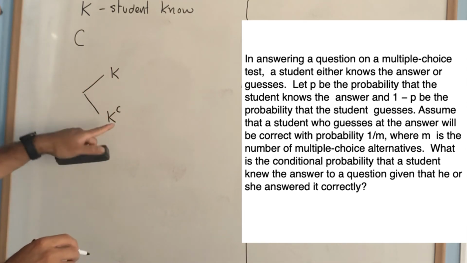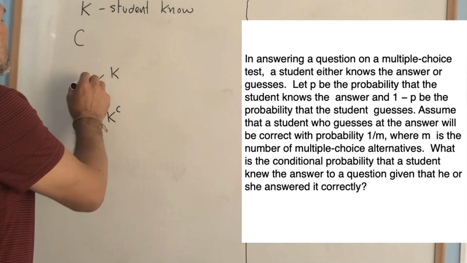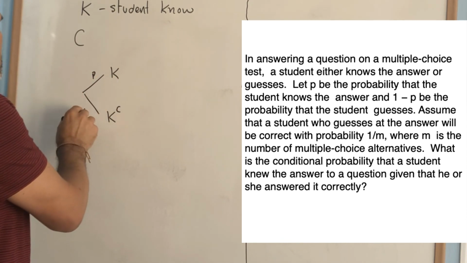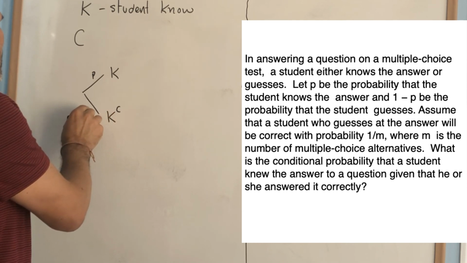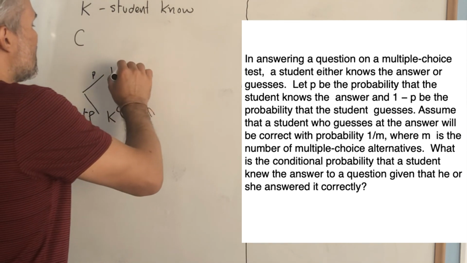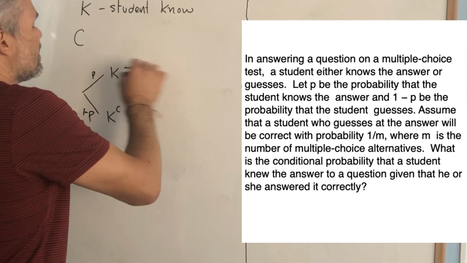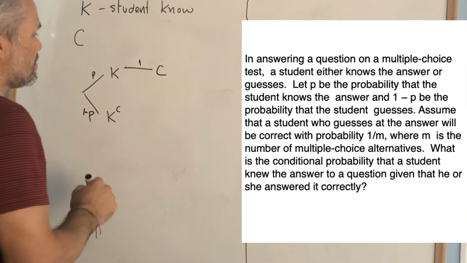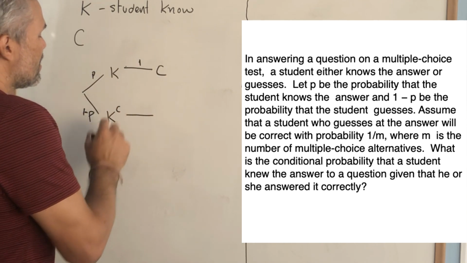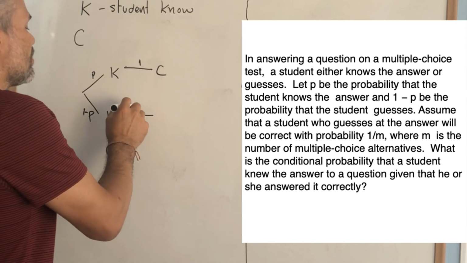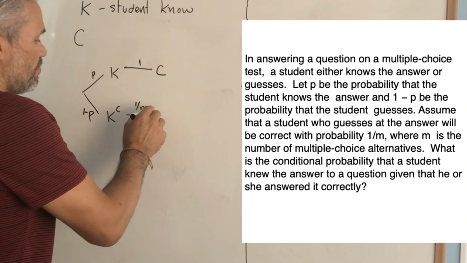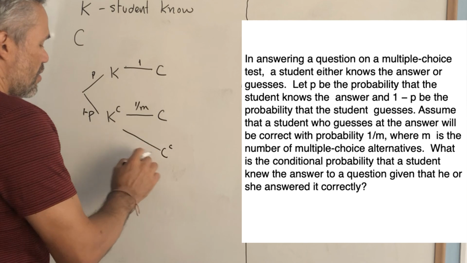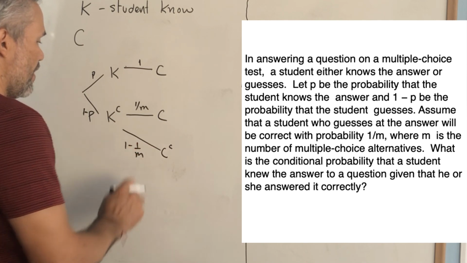Either the student knows or the student doesn't know, and it is given that the student knows with a probability of P. Therefore, the probability of K complement would be 1 minus P. Also, if the student knows, then the student will answer correctly at 100%, and the probability is 1. But if the student doesn't know, then the student will answer correctly with a probability of 1 over m. And here the complement would be 1 minus 1 over m.